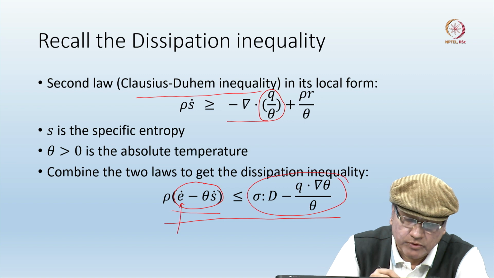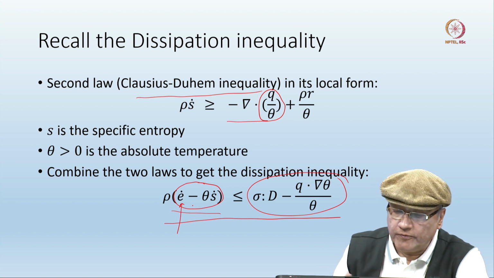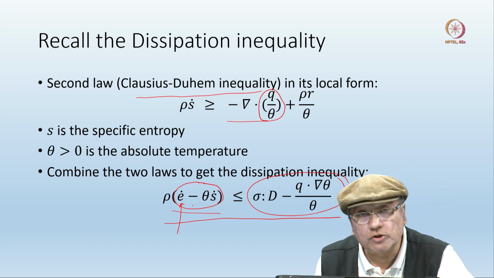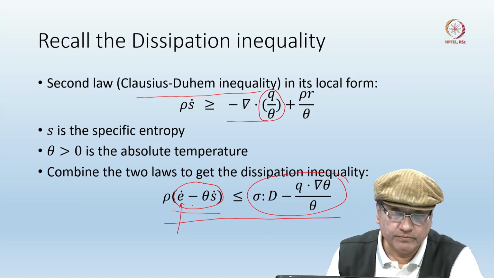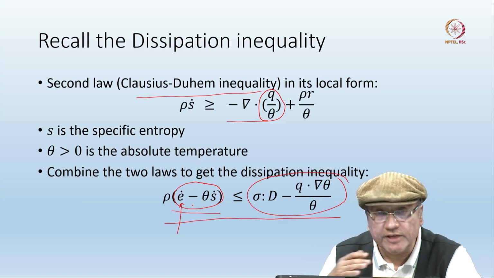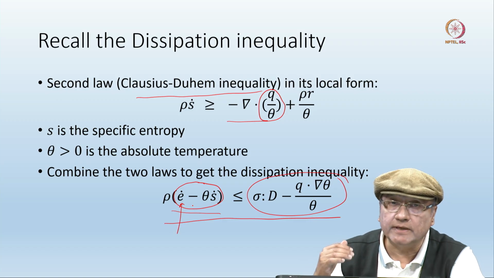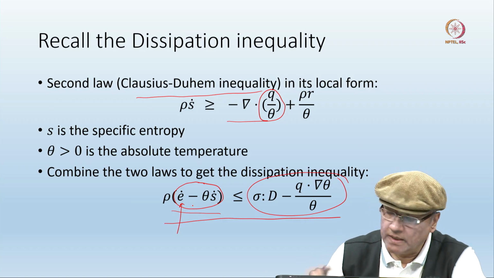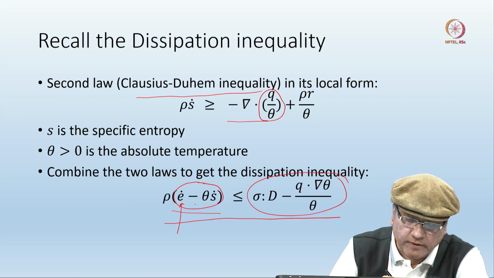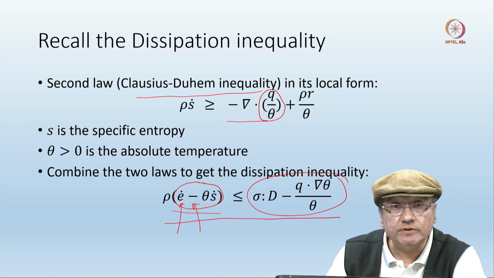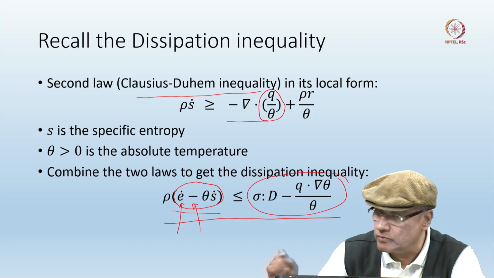That is why we use another form based on the notion of free energy. The free energy makes this reversible-irreversible connection quite explicit, and it follows from this form of the equation.